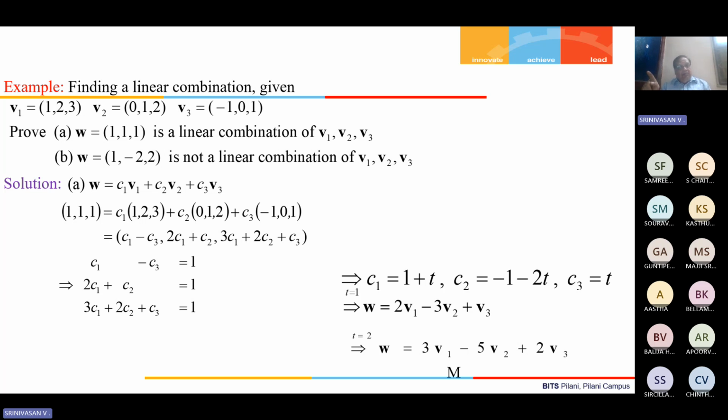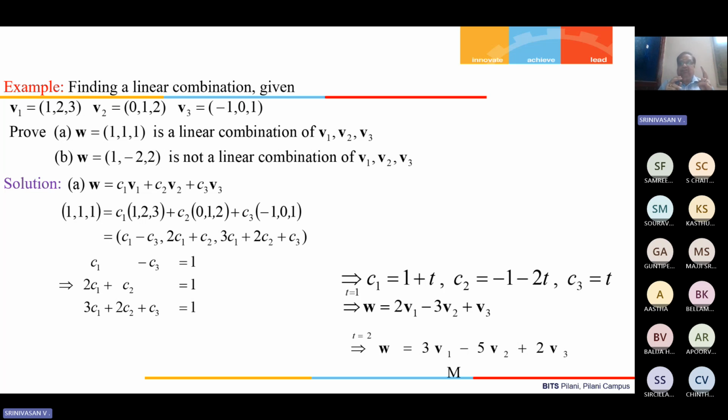Each one of them is a vector having a finite number of components. In practice, you will have about 2 components, 3 components, at times 4 components at the most. Each one should have the same number of components. That's very important. So there are 3 components each.